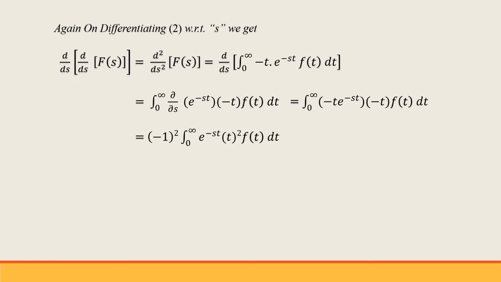Now pay attention here that on differentiation twice we get two negative signs. So negative negative become positive, or we can write it as minus 1 square integral 0 to infinity e raised to the power minus st into t square into f(t) dt, which is minus 1 square into Laplace transform of t square into f(t).